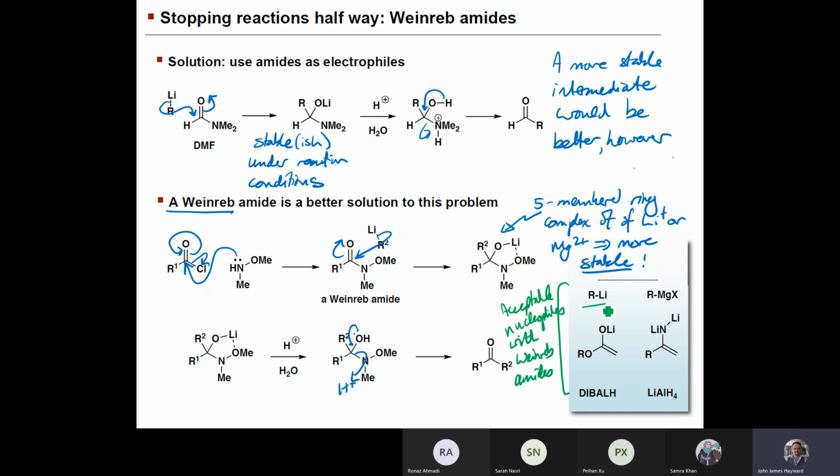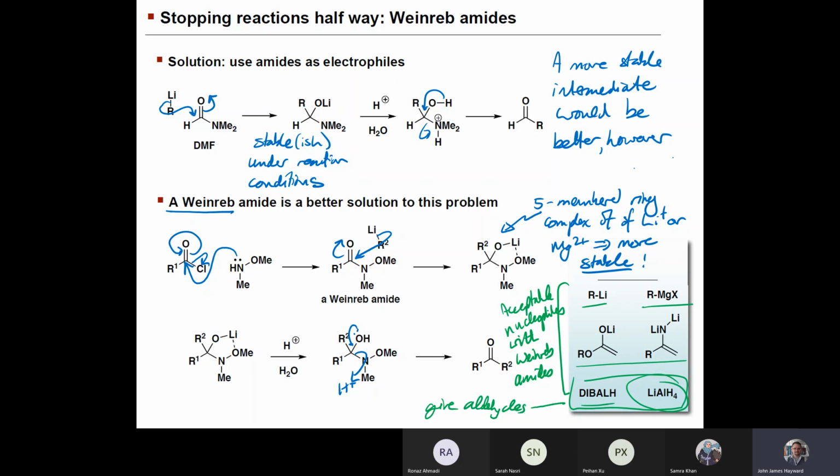So we've got the alkyl lithiums, we've got the Grignard reagents, we have various types of enolates. You can even use dibal. It's a very good dibal reduction here, or you can even use lithium aluminium hydride on this, which will give you the aldehyde. Okay, so both of these give aldehydes. So dibal and lithal, great reagents to use with a Weinreb amide to get an aldehyde.